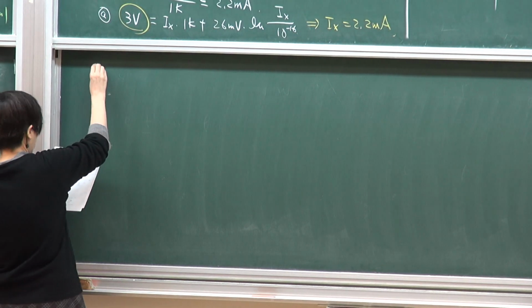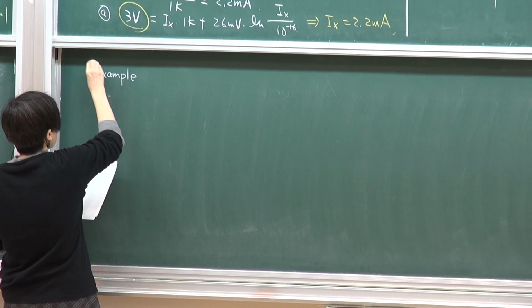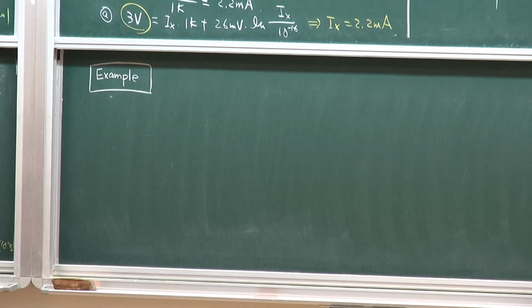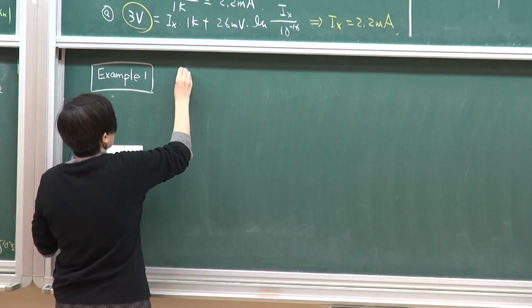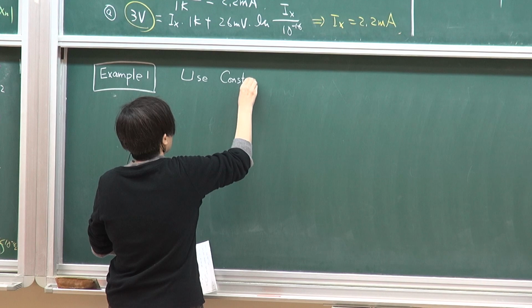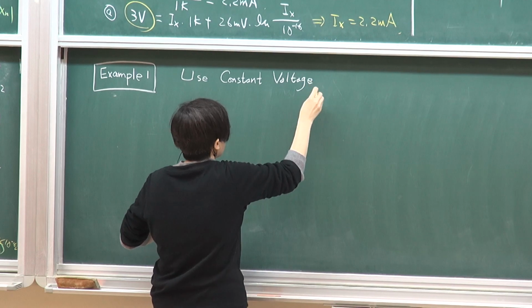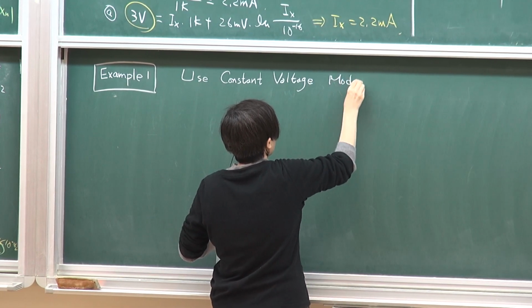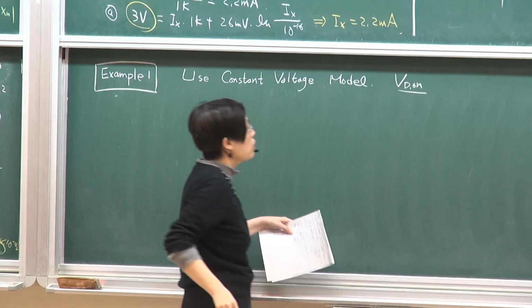To make the analysis easier, we're going to use the constant voltage model for the diodes, by setting a particular VD on.